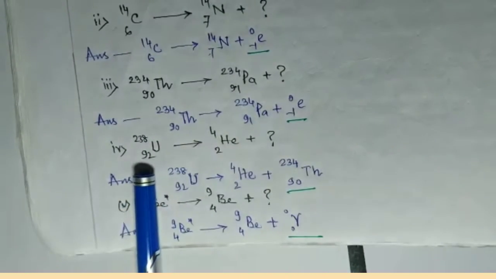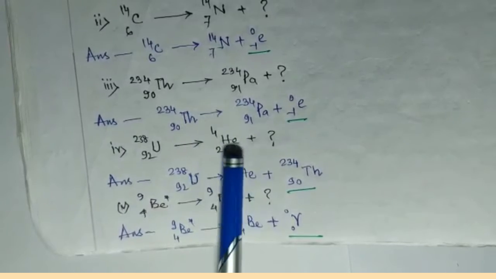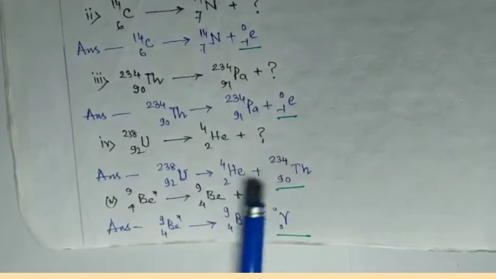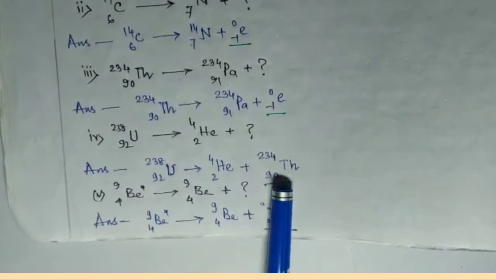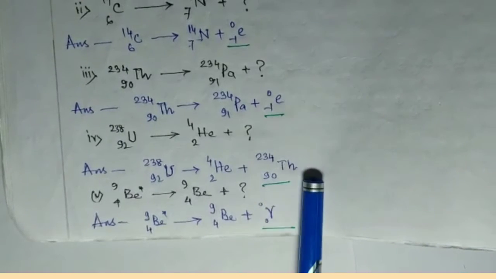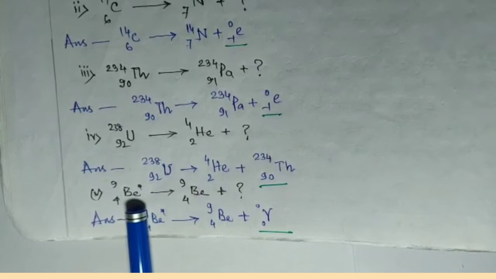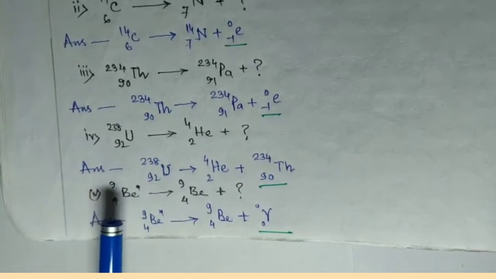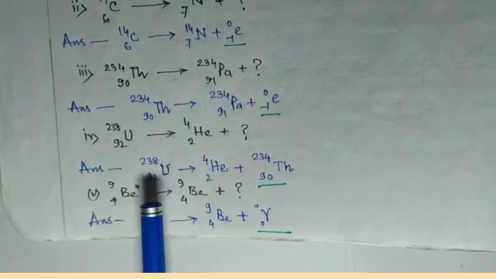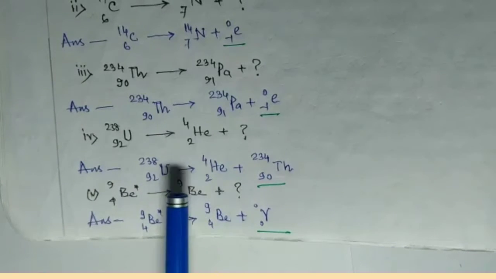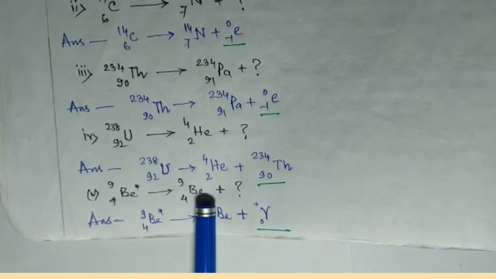Uranium 23892, and 1 helium is produced, and what is the product? Here thorium is the product, 23490 thorium, and the last one is beryllium 94, and the product is same, that is 94 beryllium.